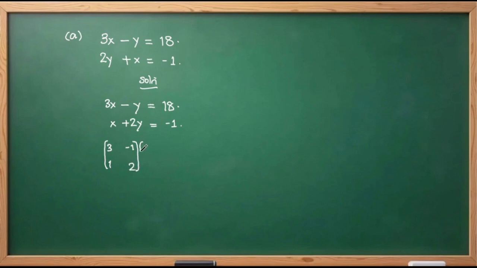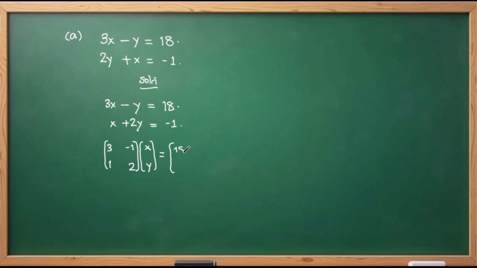Now the next one should be the unknowns themselves. We start with the first letter, that is x, followed by y. And this will be equal to the matrix of the constants.